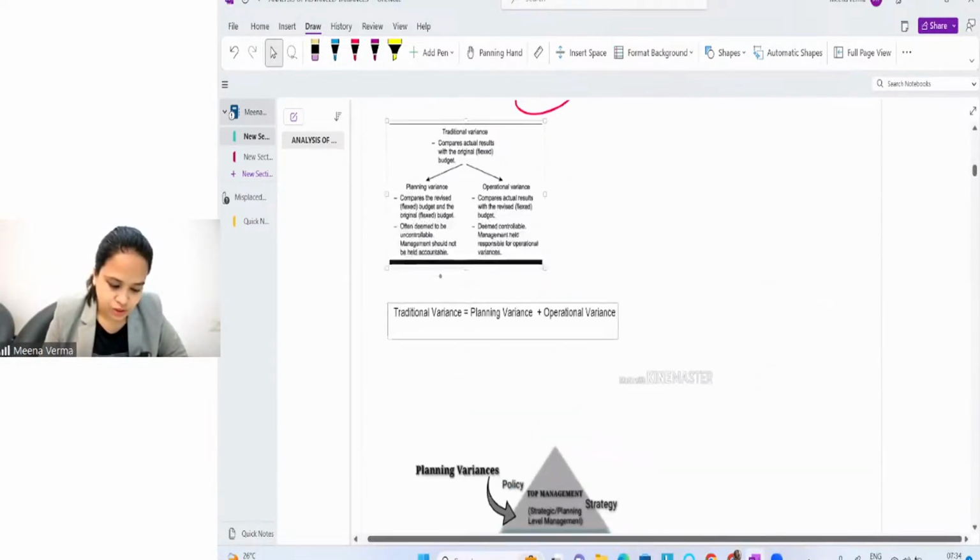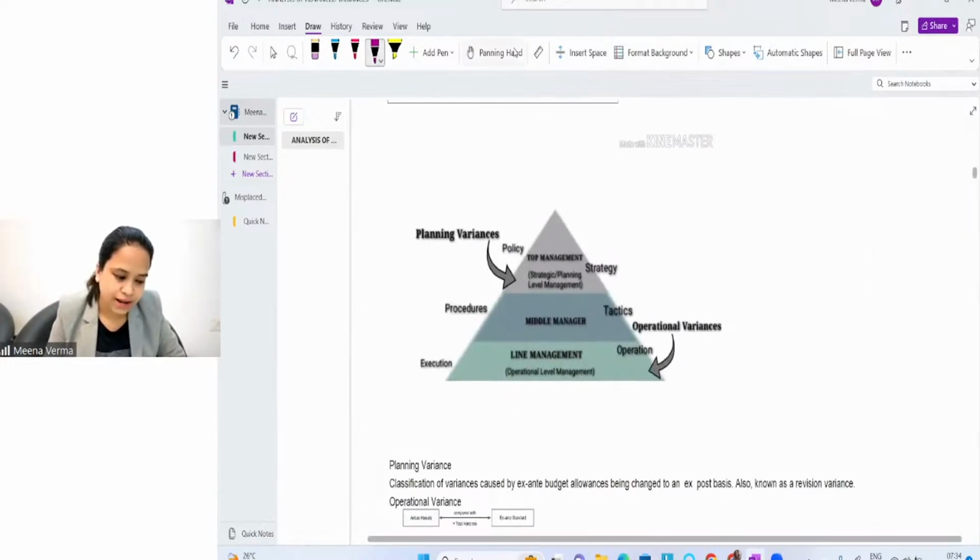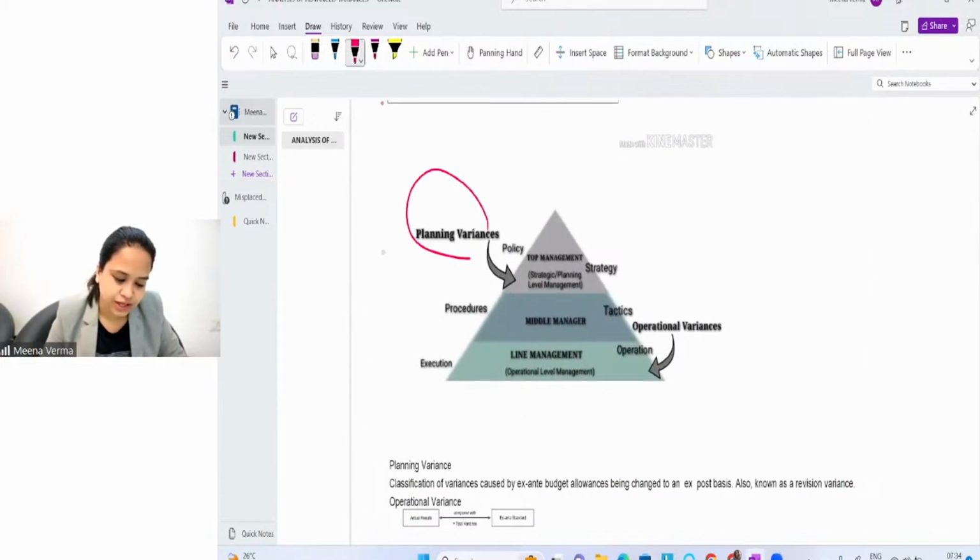All right. So you can see I've taken this picture also for you: for planning level variation, who is responsible? The top management is responsible. Strategic or planning level managers are responsible because they frame the strategy of the company.